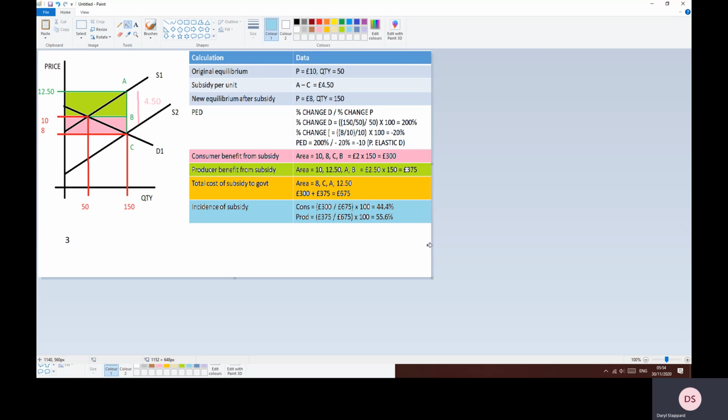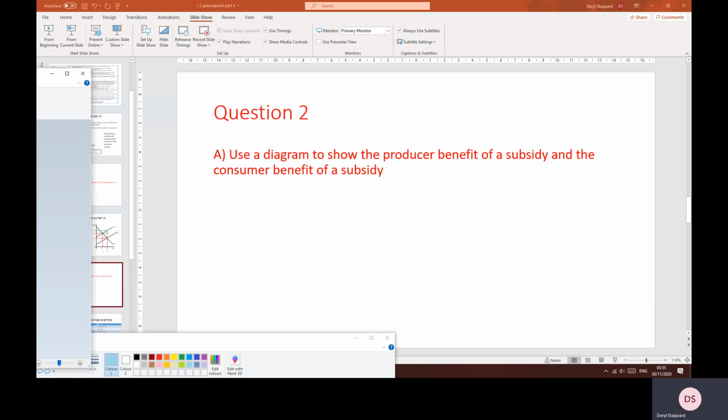So what we therefore know is that when demand is price elastic, it will be mainly the producer that benefits from that subsidy. You could also argue here that the subsidy has been more effective this time. It's led to a significant growth in the market. Remember, subsidies are designed to make people consume more of something. Well, when demand's price elastic, the subsidies can be really, really effective at raising the demand in this marketplace.